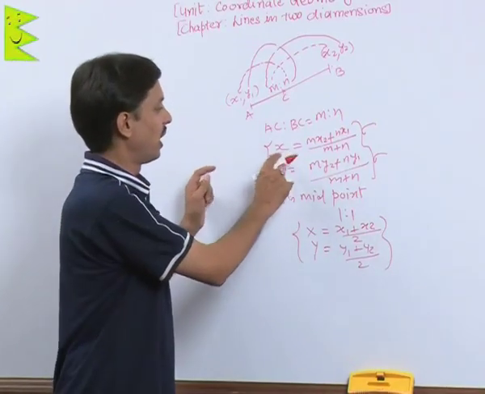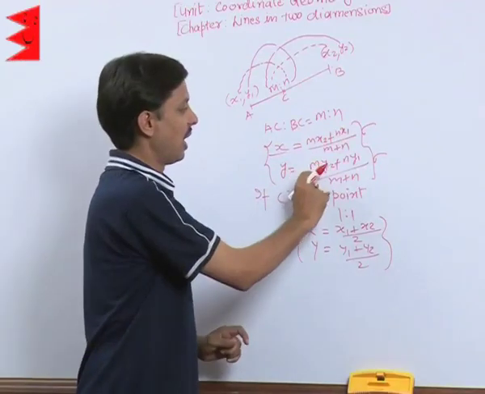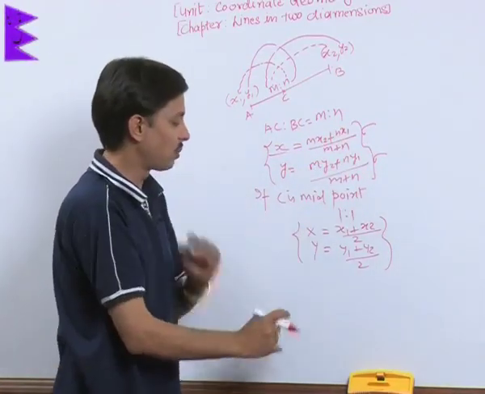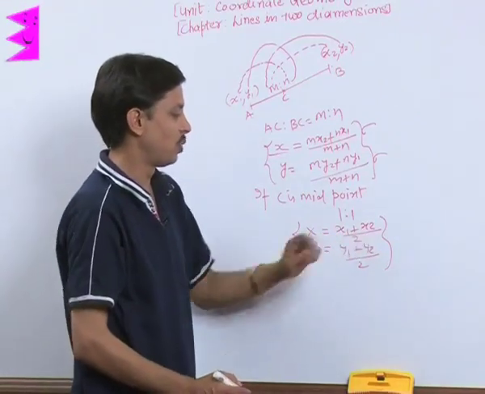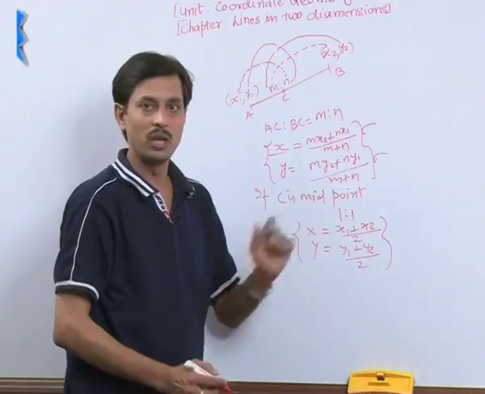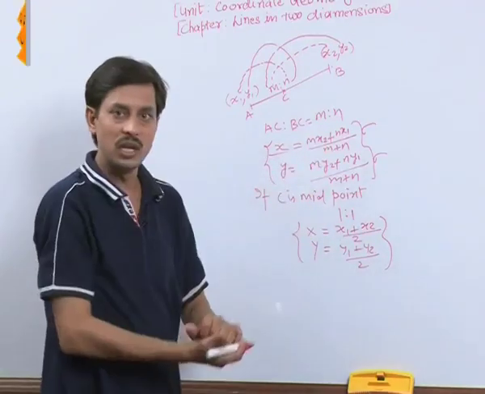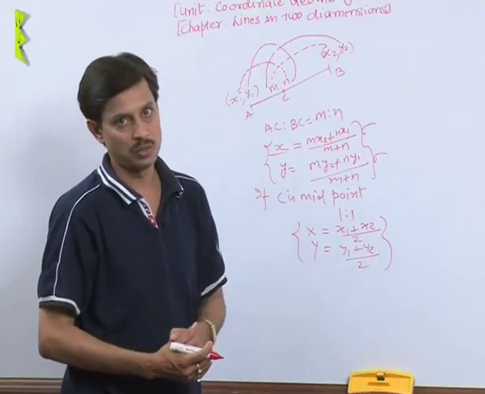The formula is x equals mx2 plus nx1 upon m plus n, y equals my2 plus ny1 upon m plus n, and the coordinates of the midpoint are obtained by using x equals x1 plus x2 upon 2, y equals y1 plus y2 upon 2. So using these results, we can calculate many problems.